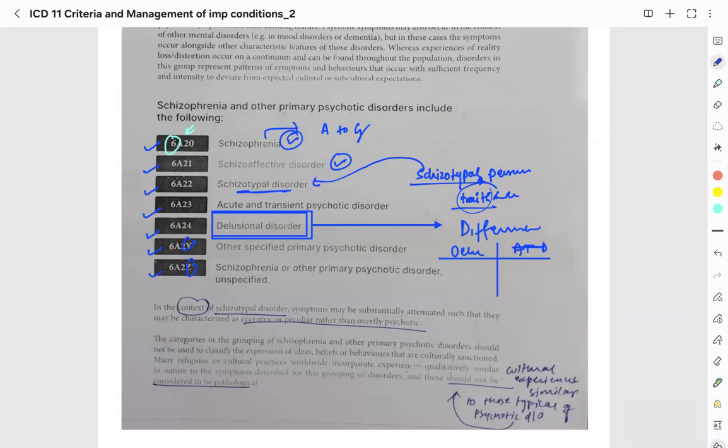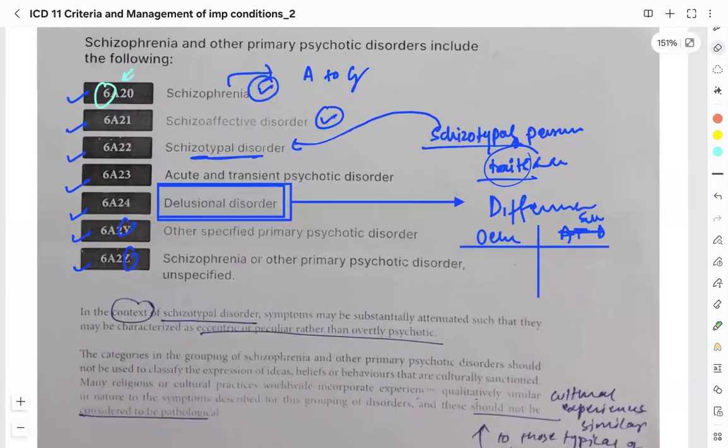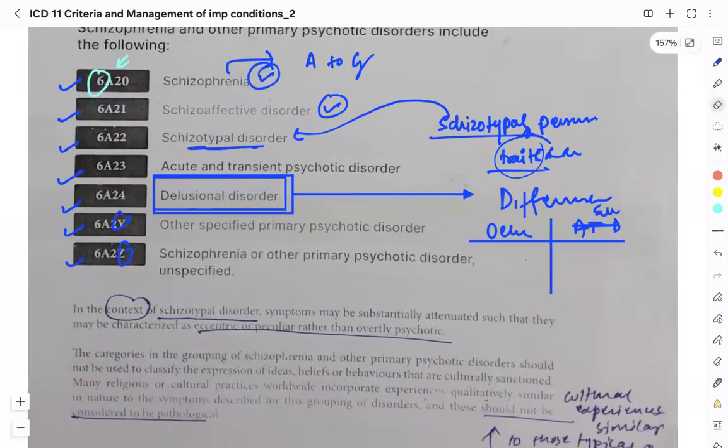Not able to write it. Yeah. What's the difference? I don't know why it's not working. It's okay. Anyone? Just take a guess.